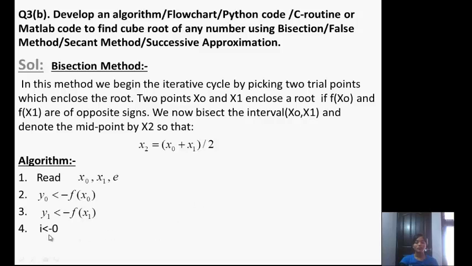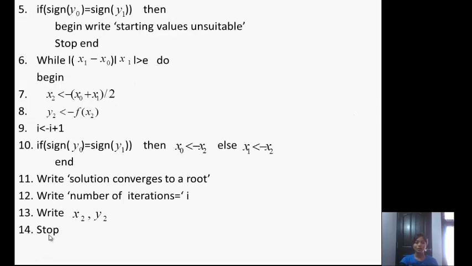And at the fourth step we have to initialize i as 0. Now we have to check the sign for our given function values. If the signs of our functions are equal, then our starting values are unsuitable. Our root doesn't lie in that interval.